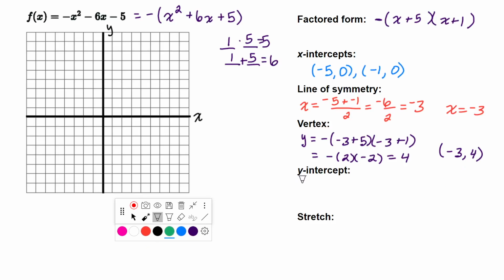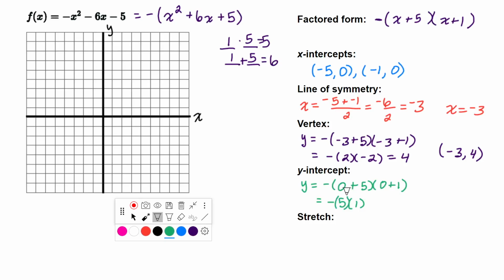The y-intercept, do like you did for the vertex, except replace x with 0. So we have 0 plus 5 times 0 plus 1. So we're going to have a -5 times 1. 0 plus 5 is 5. And we have the negative from out front.